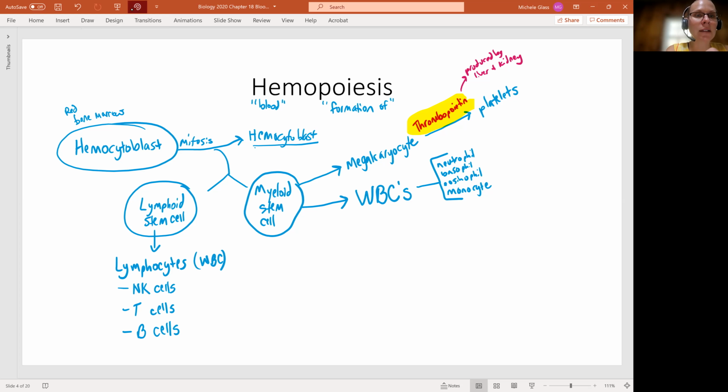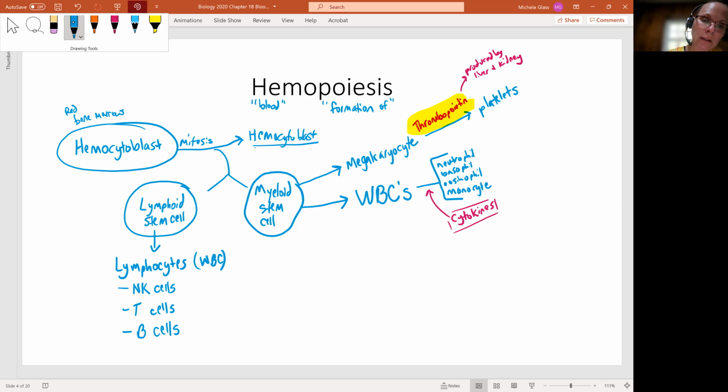Now, just like we had some hormone and chemical signals involved in this development, we're going to see cytokines here, and we're just going to talk more about these in the future. So just kind of like mark this as a placeholder, and we'll come back to that.